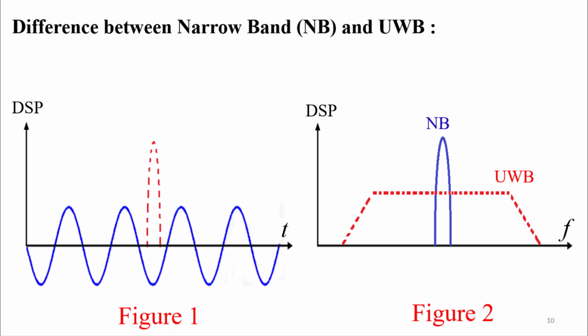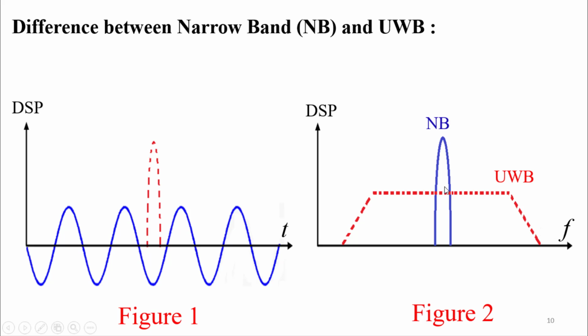Okay, so in figure 2 we have a frequency representation. For the ultra wideband characteristic, we can observe in red color that we have ultra wideband. If we make a comparison with narrow band, we have just a small bandwidth for narrow band.